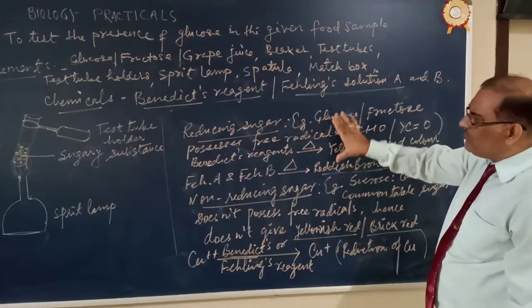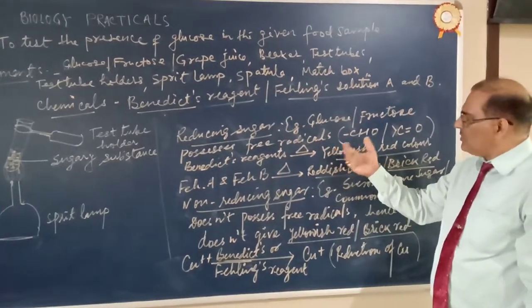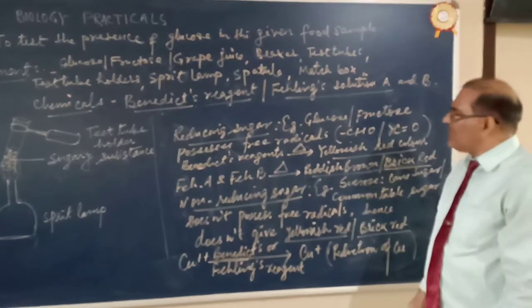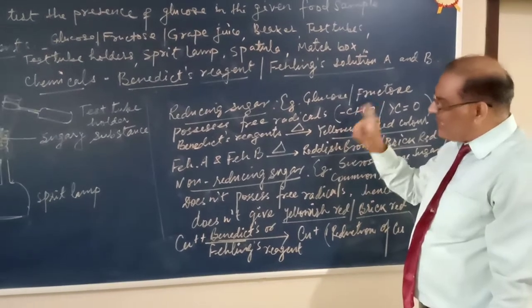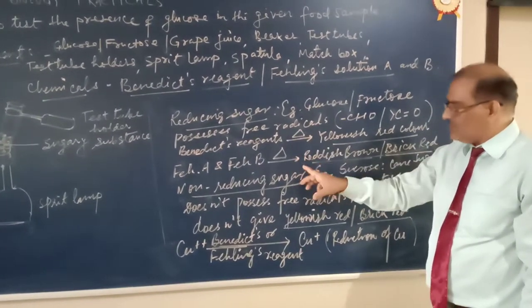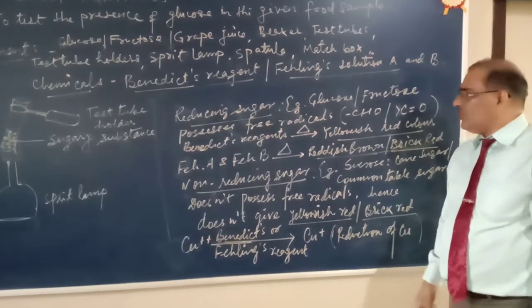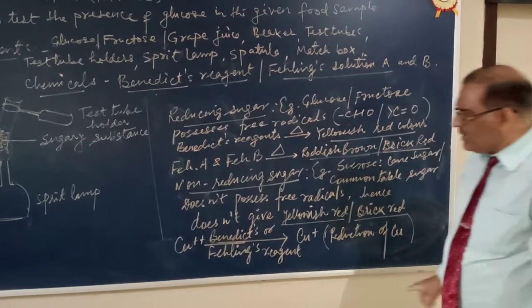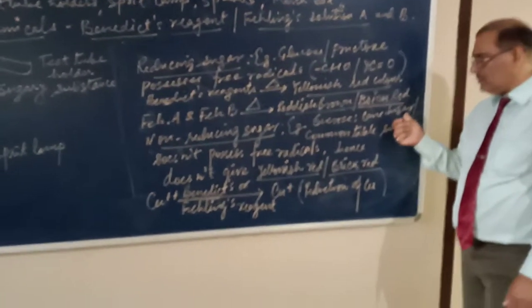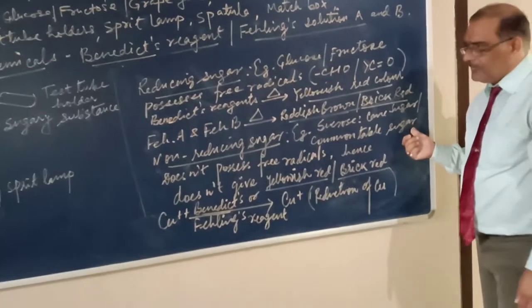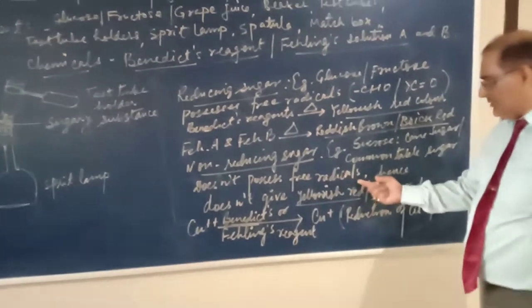So this is the reducing sugar: those sugars which possess free radicals like CHO, aldehyde or ketone group. They will give the Benedict or Fehling test. The sugar which gives the Benedict or Fehling test is called reducing sugar. Non-reducing sugar, for example, is sucrose or cane sugar or common table sugar. This sucrose does not possess free radicals.